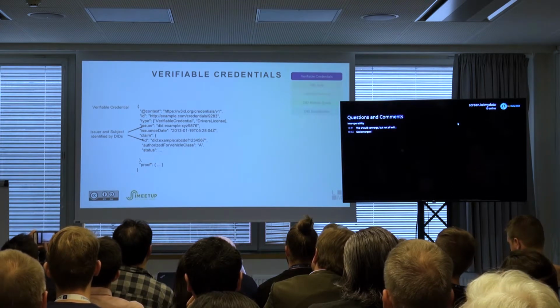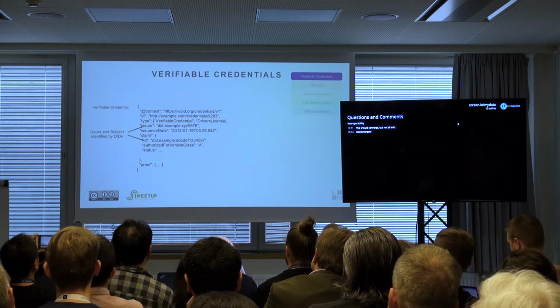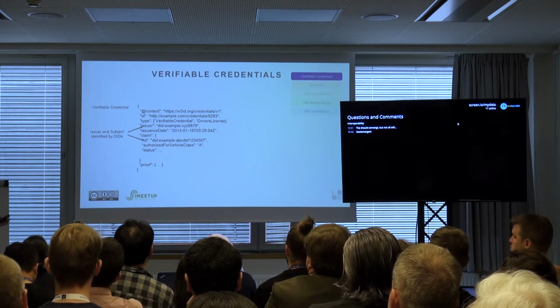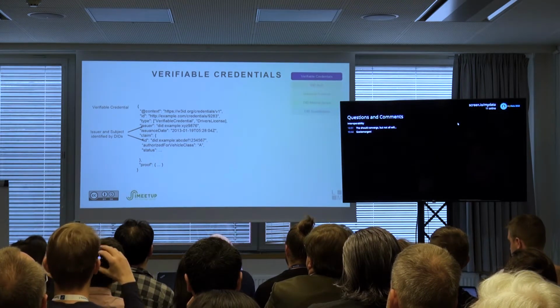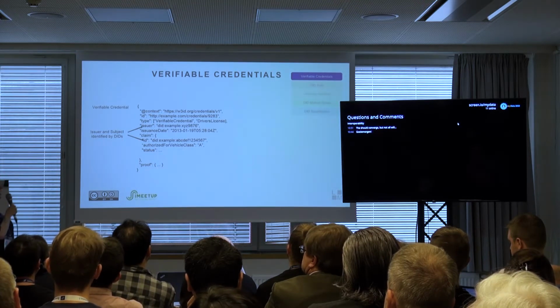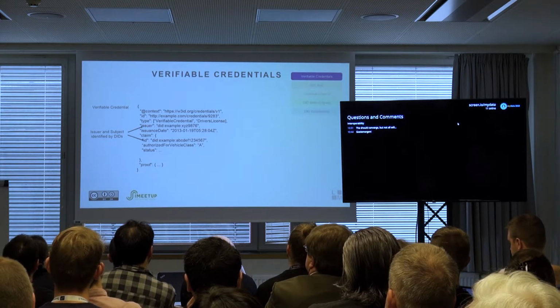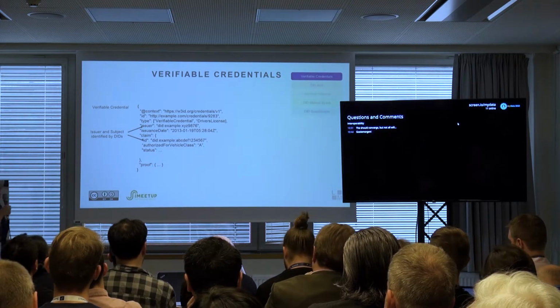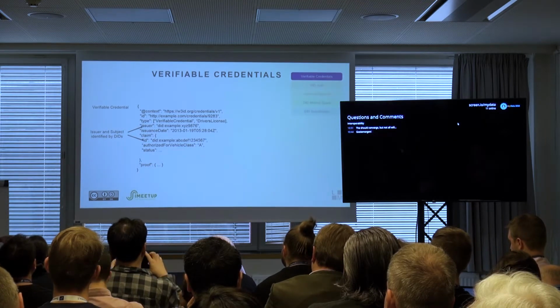So depending on which use case you're talking about, like whether it's driver's license or educational credentials, things like that, you would use a different vocabulary for it. And then the thing I want to point out as well is that both the issuer and the recipient, shown right here, are identified by DIDs.